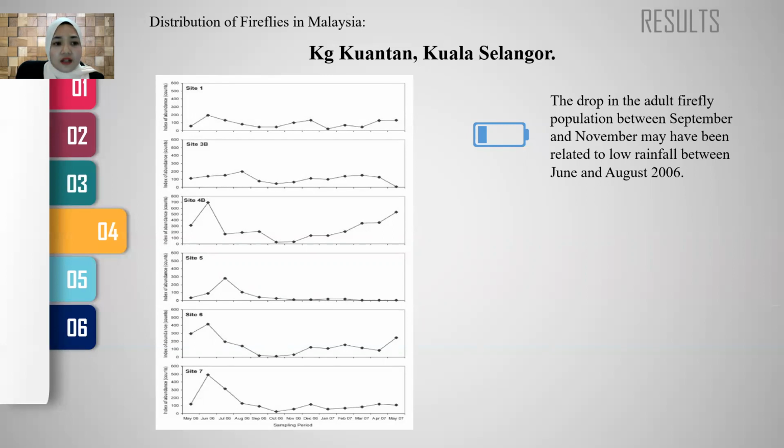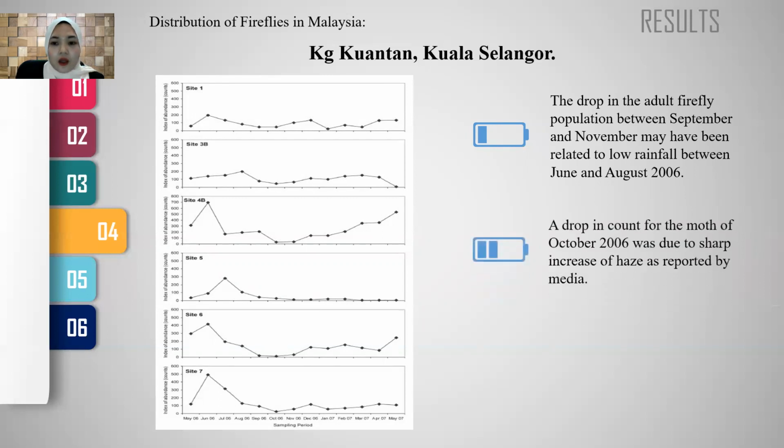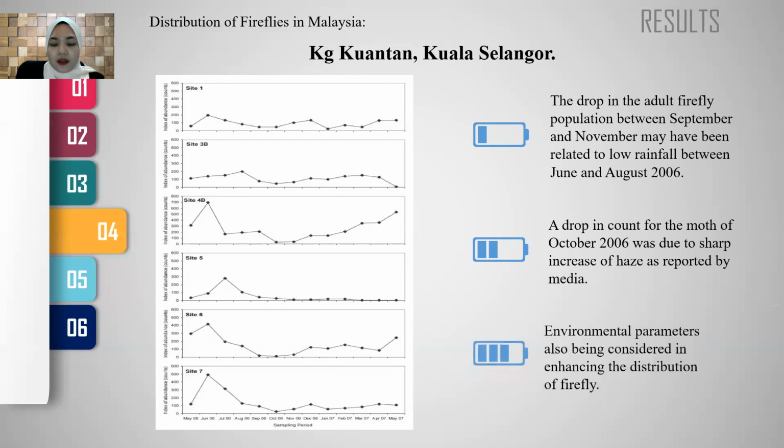It may be because environmental parameters also affect the population numbers of fireflies. And a drop in count for October 26, 2006 was due to a sharp increase of haze. Weather is also included in the environmental parameters.